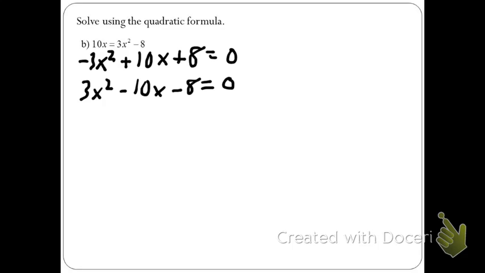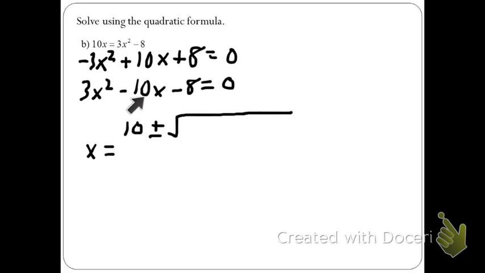Okay, now we're ready to use the quadratic formula. So x equals the opposite of b plus or minus the square root of b squared minus 4ac all over 2a. Well, the opposite of b, since b is negative 10, is going to be positive 10. Plus or minus square root. Okay, then our b is negative 10, right?